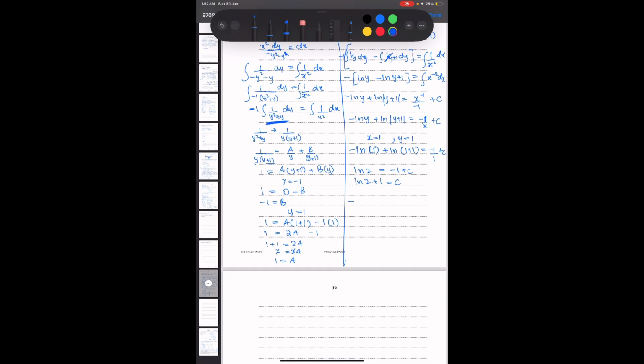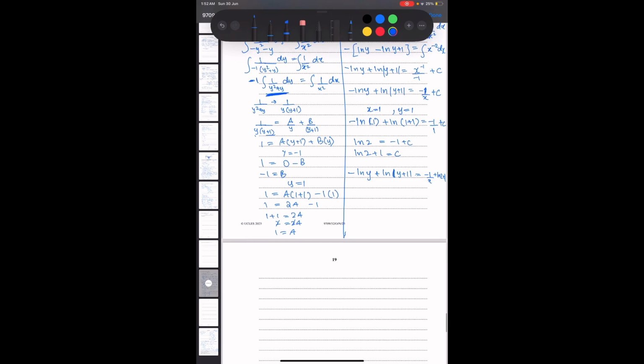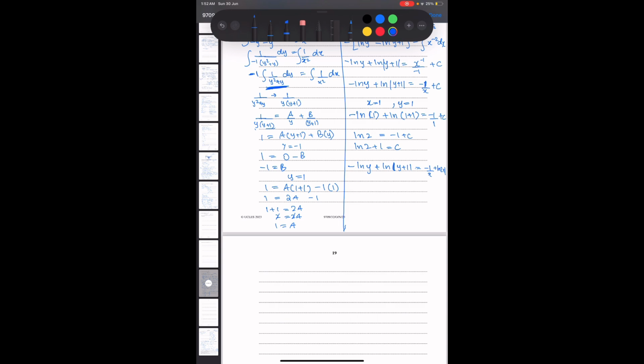So the expression is minus ln y plus ln y plus 1 is equals to minus 1 upon x plus ln 2 plus 1. And now what we can do is that we can take all of these ln together on one side.